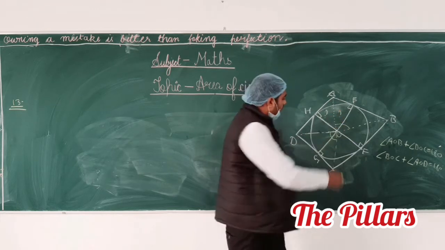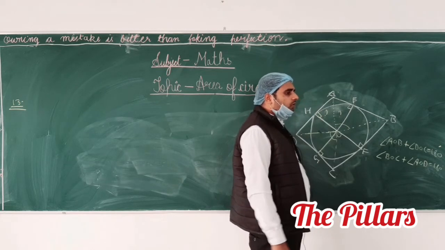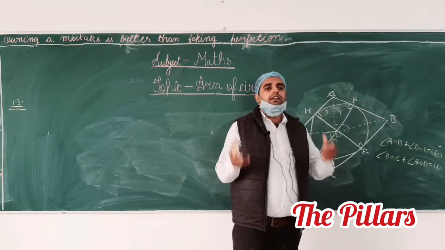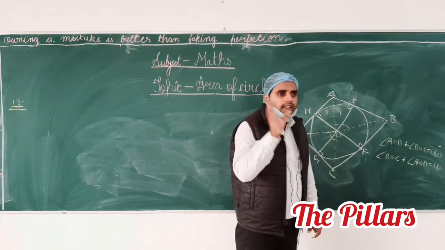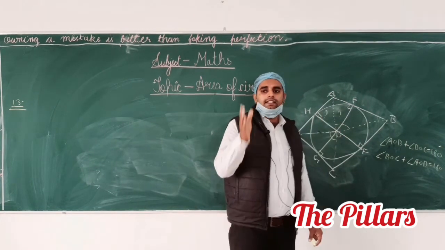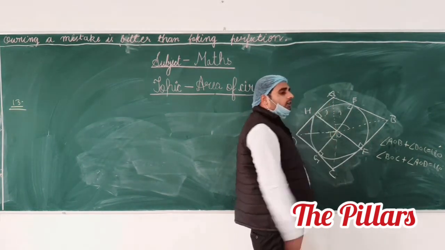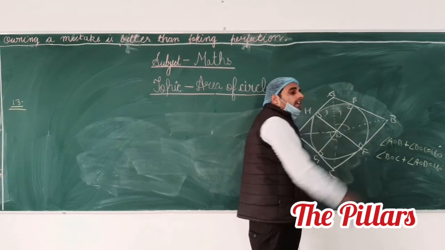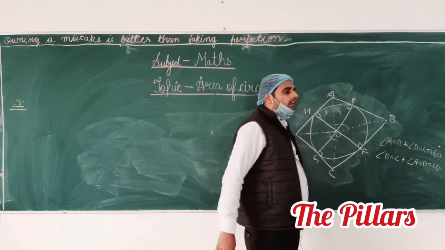You see that OH equals OE, and AE equals AH, because tangents from an external point are equal, and AO is common. By the SSS criterion, triangle HOA is congruent to triangle AOE.